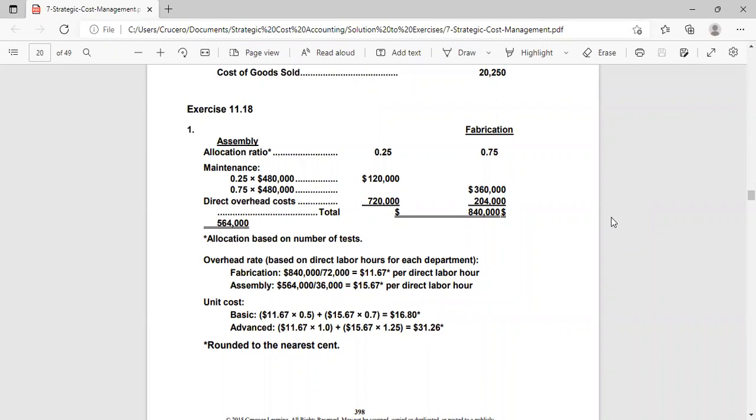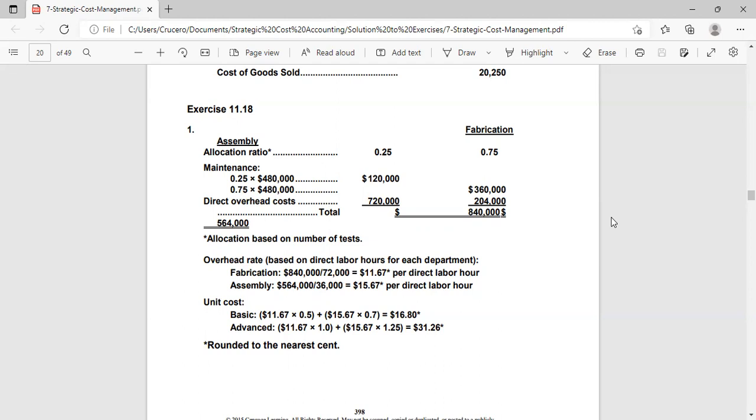That's now your allocation ratio. So 0.5 and 1. So meaning we have 0.25 for assembly and fabrication is 0.75.